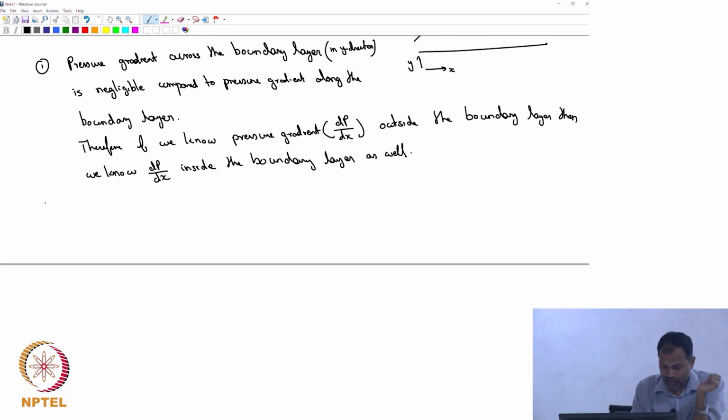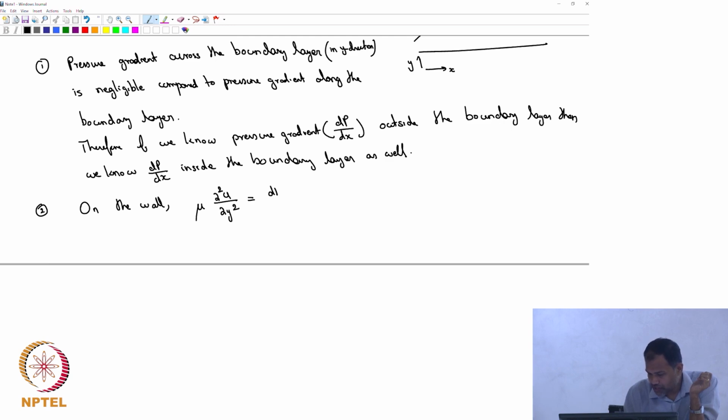And then I also argued that on the wall the governing equation essentially simplifies to ∂²u/∂y² = dp/dx.